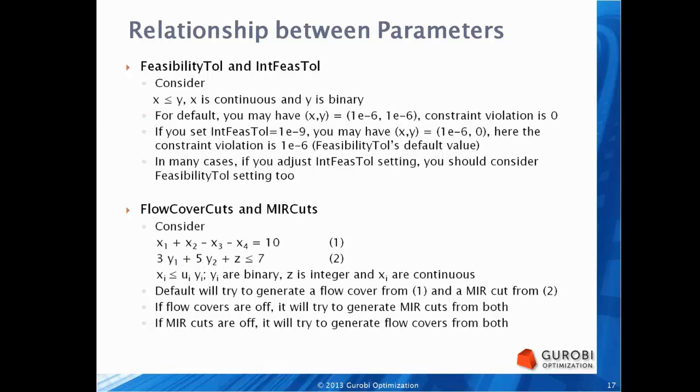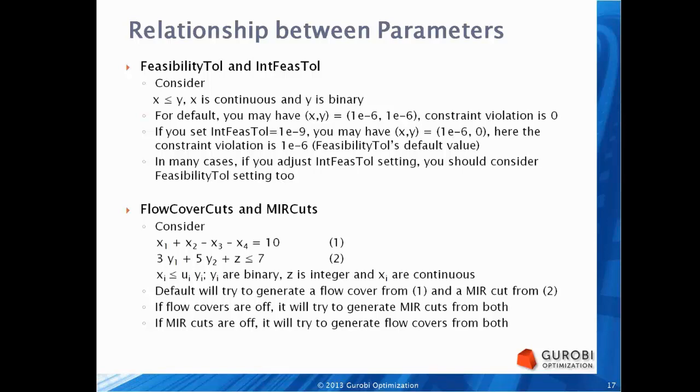So now it also has variable upper bounds for x variables. If you look at the first constraint, it's like a flow conservation constraint, and the continuous variable has variable upper bound controlled by a binary, and it's perfect for generating flow cover inequalities.